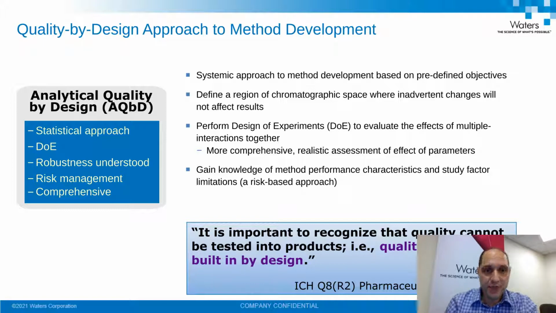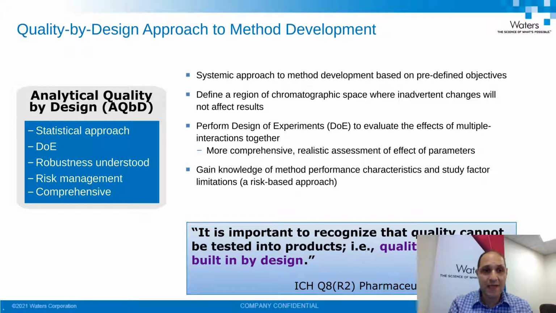In this approach, we define a region of chromatographic space where small changes will not affect the results. This region is known as the method operable design region. We define this space by performing design of experiments. We evaluate and sample the space efficiently.